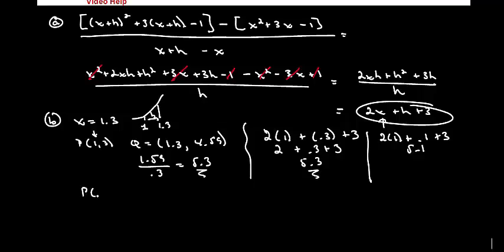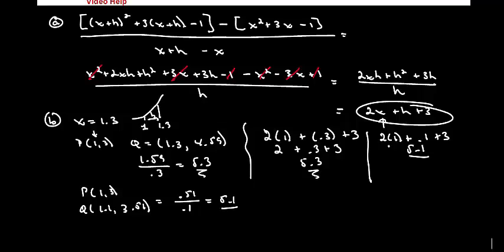So again, the point P is 1, the point Q is 1.1. Now let's take 1.1 and plug it in. So it's 1.1 squared plus 3 times 1.1 minus 1. It looks like I'm getting 3.51. So the change in the y is 0.51. The change in the x is 0.1, which when I multiply everything by 10 gives me 5.1. So notice that they're also the same.